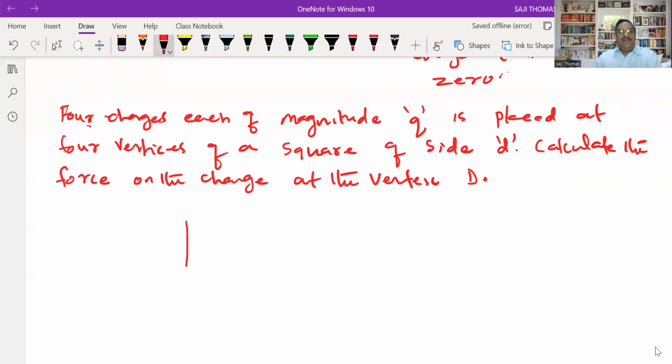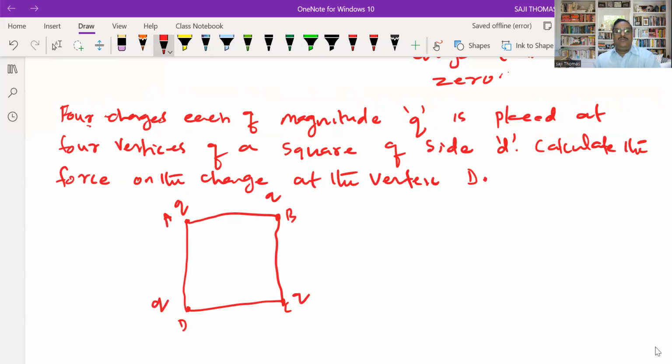So we have to draw the square. This is a square. Name it A, B, C, D. Draw the diagonal. Here each charge is Q. All the corners have charge Q. Now you draw the diagonal, not vertex, diagonal.